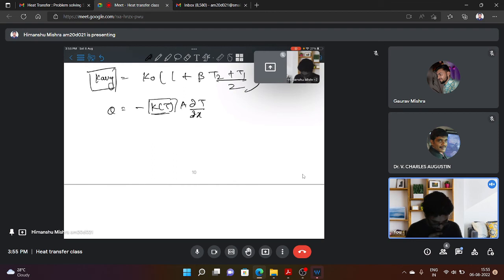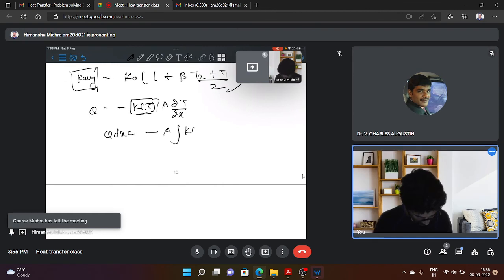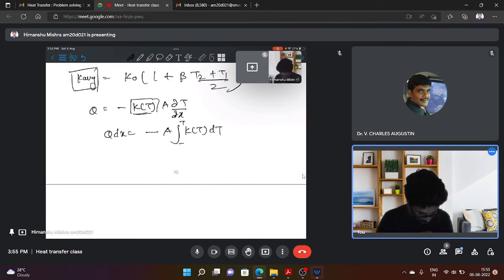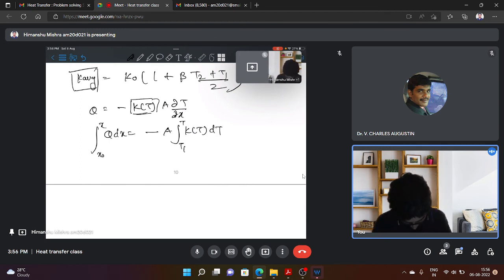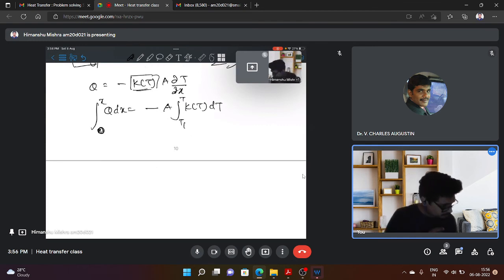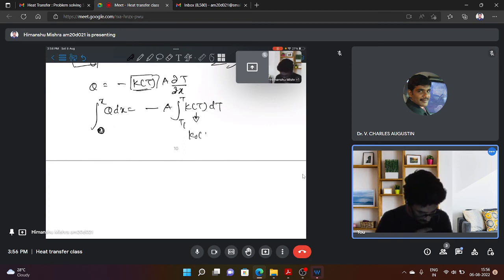So we can integrate this to get the temperature distribution. Let x naught be 0. So we can substitute the expression of k as k naught (1 plus beta T).